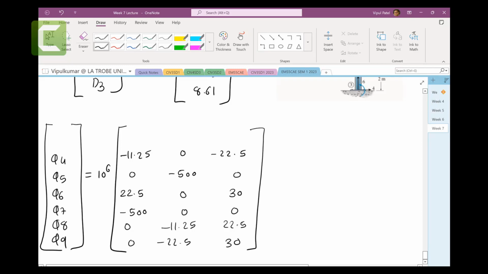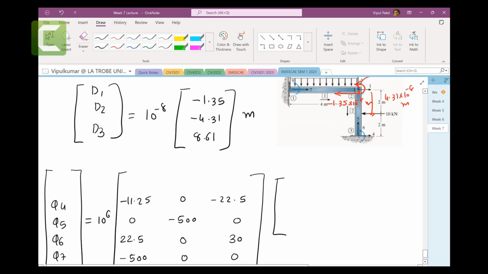And then you have D1, D2, and D3, where we're going to plug in the values.